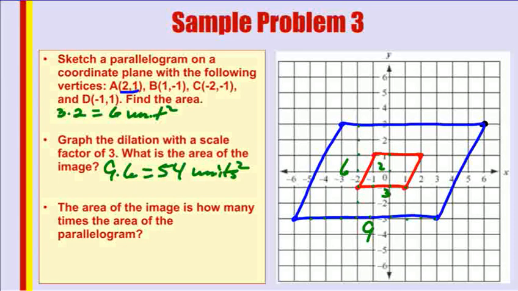In order to figure that out, we could easily take the two areas and divide. So 54 divided by 6, which will give us 9. So it's 9 times. Or you can take the scale factor of 3, square it, and that will give you how many times larger the image is of the original parallelogram, which is 9.